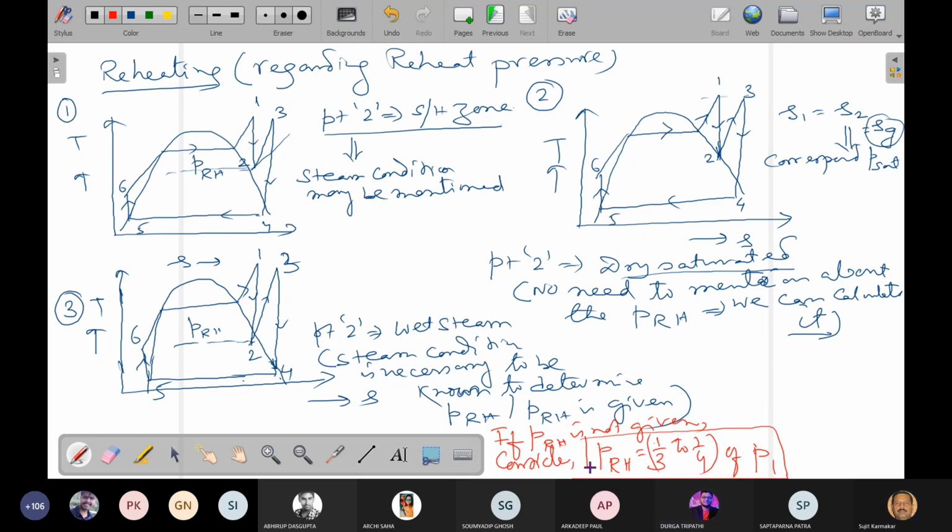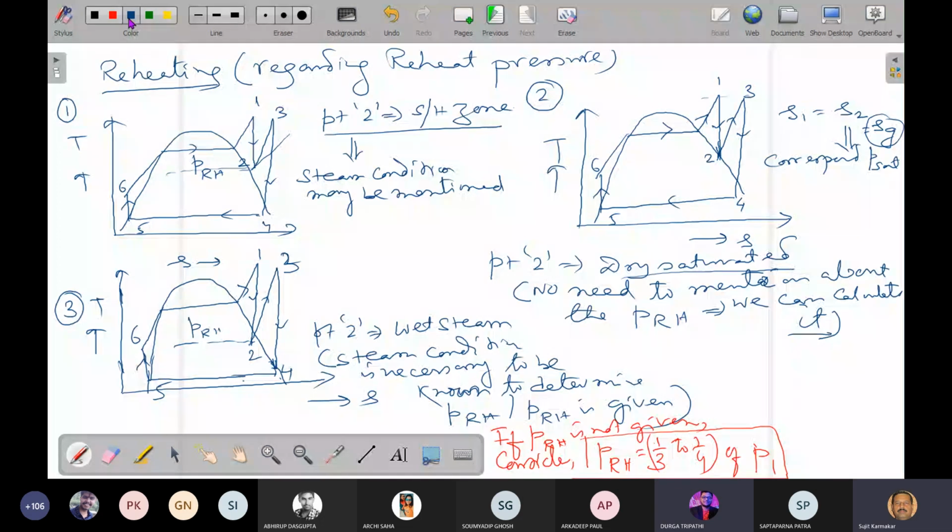Is it clear, everyone? Or is there any confusion? Sir, when this reheat pressure is 1/3 to 1/4, then the efficiency would surely increase, right?